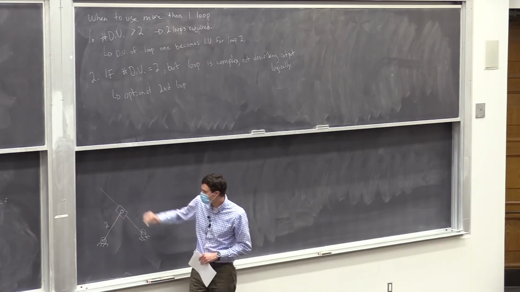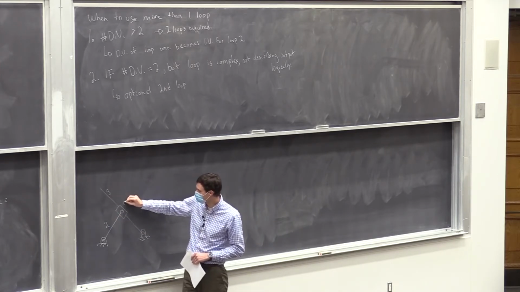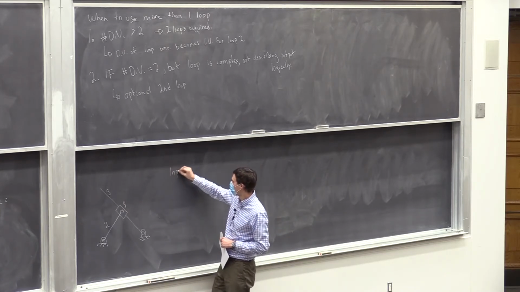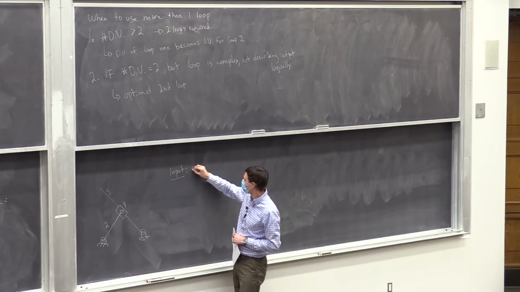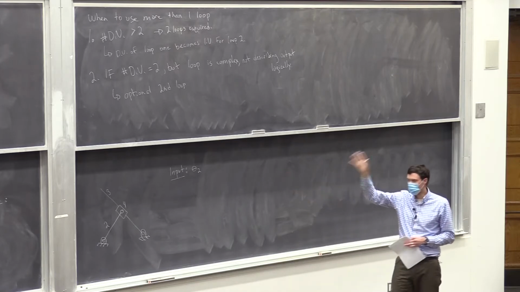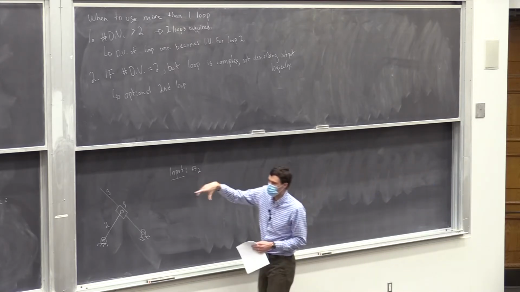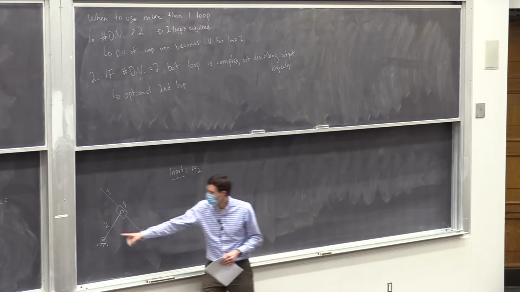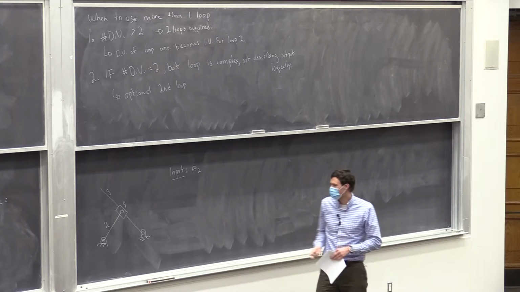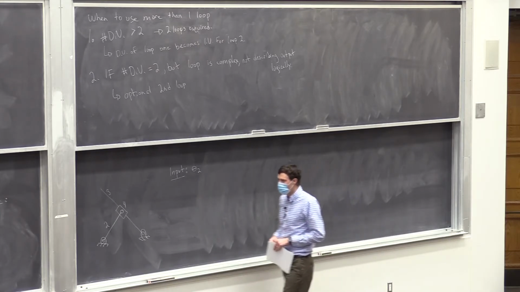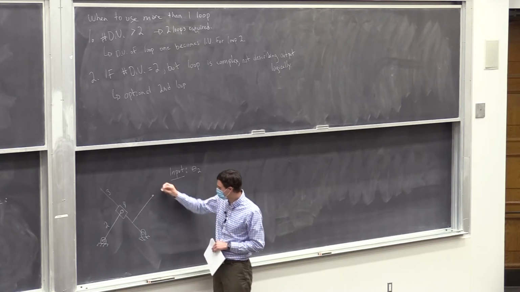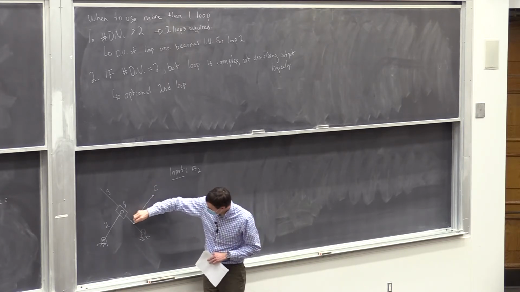Our input was on link 2, the angle of link 2. And the output last time was the rotation of link 3 and the slider going up and down. So we designed a loop which went 2, 3, 1. It was just a triangle, and we saw that just the cosine rule described that. It was very simple. But what if we add an extension and an additional point of interest? We'll call this point C out here.